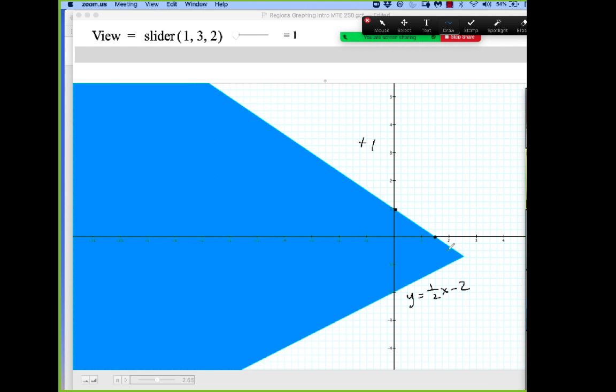So it's a rise of 1 to a run of 1.5. Does that do it? So at 1.5, 3/2, we get negative 1, and then that's 0. Yep. Okay, making progress.